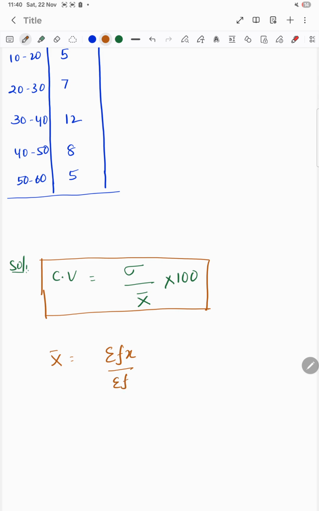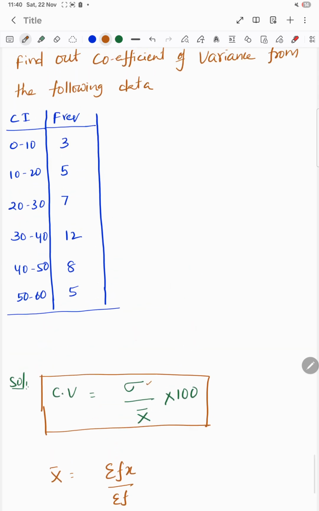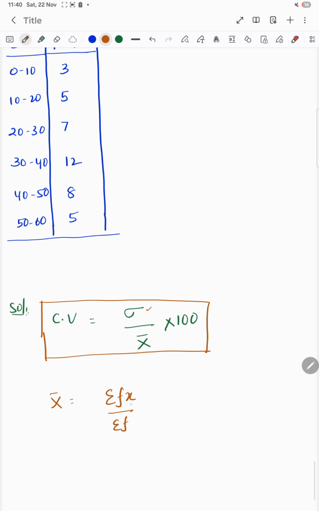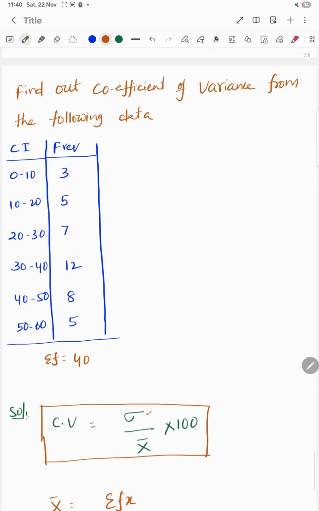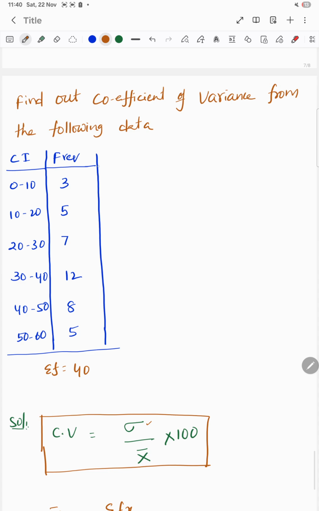So first let's complete the concept of arithmetic mean, then I will come back for standard deviation. In this, summation of f means sum of all the frequencies, that is 40. Next we require f into x, that means frequencies we need to multiply with x, but we don't have x values. Therefore, first of all, let's find x values.